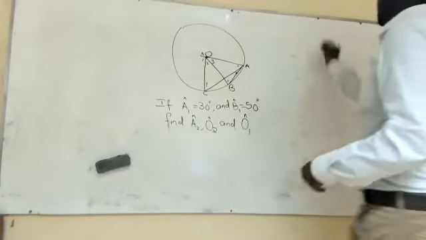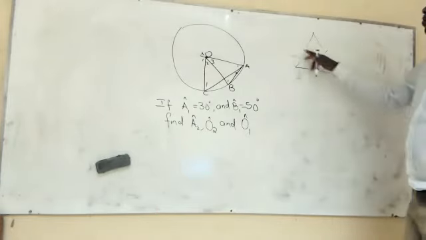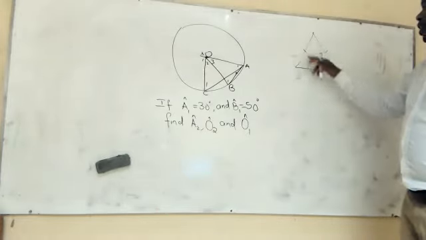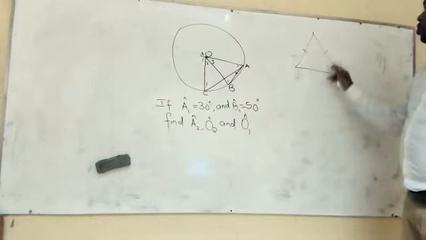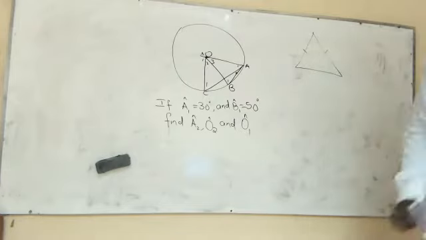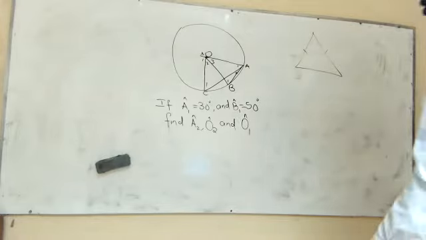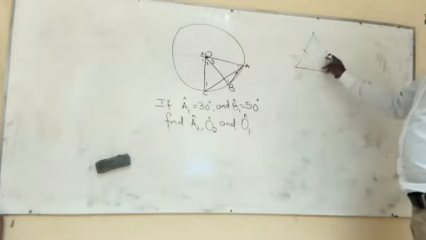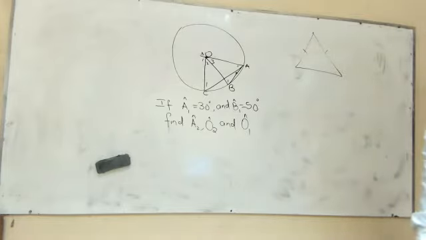Let me remind you about just one theorem, which is very important. If we have two sides which are equal, what can we say about the angles down here? The angles opposite to equal sides, they are what? If you remember the theorem from grade 9, it talks about the opposite angles of equal sides.